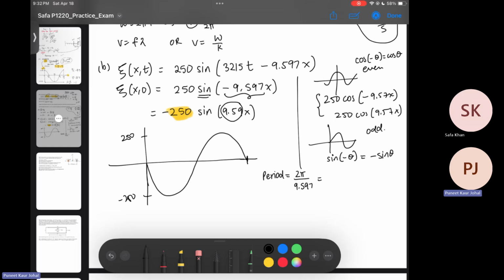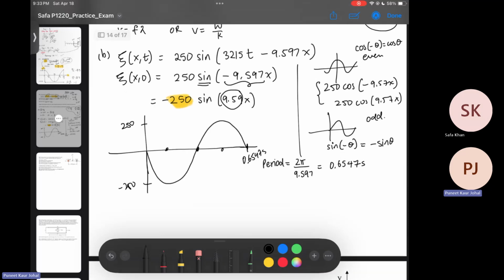Let me just do the math real quick, see if we get the same answer. You can do it on your calculator, 2 pi divided by 9.597, and I get 0.6547. So this value over here is going to be 0.6547, and then you can do the half of that, half of these two, and that's basically your graph.